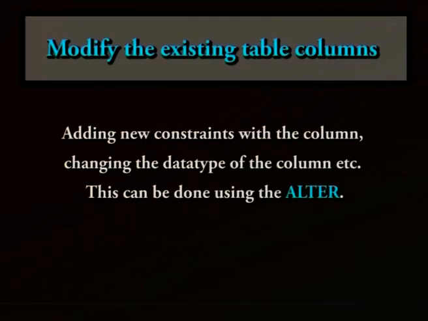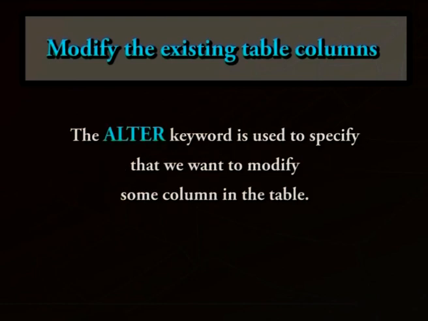Next is to modify the existing table columns, like adding new constraints with the column, changing the data type of the column, etc. This can be done by using the alter command. Thus, the alter keyword is used to specify that we want to modify some column in the table.